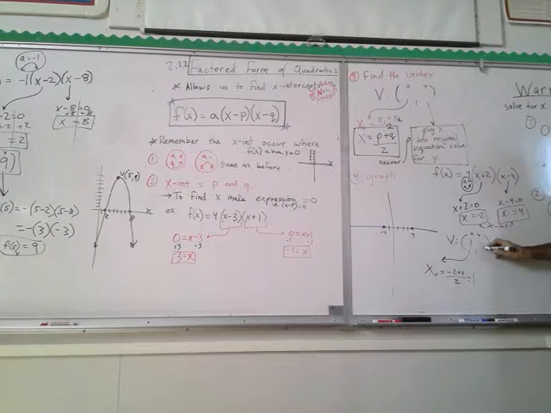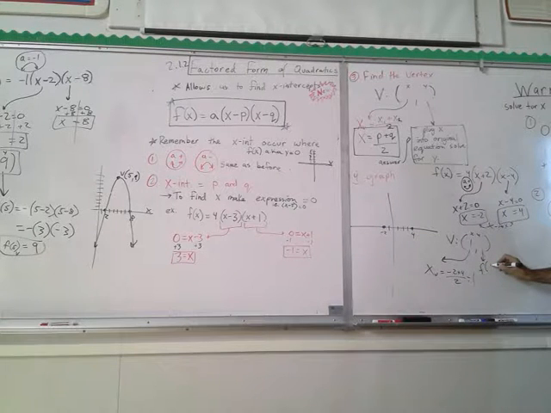And remember for this, if you know one variable, you can find the other by just plugging it in. So we're going to go f of 1 is equal to 4 times 1 plus 2 times 1 minus 4.